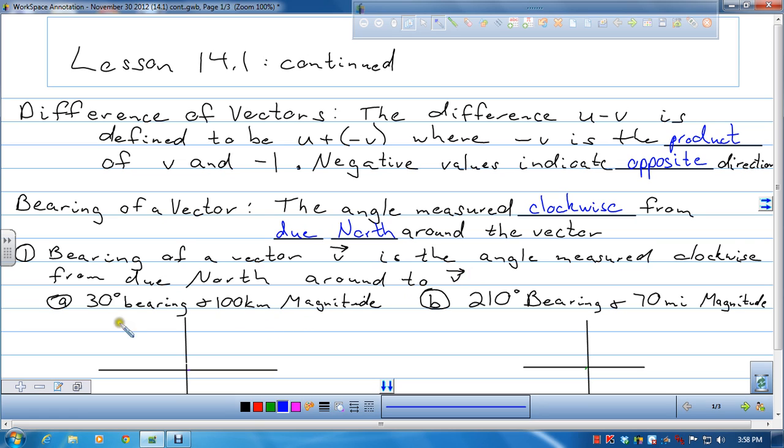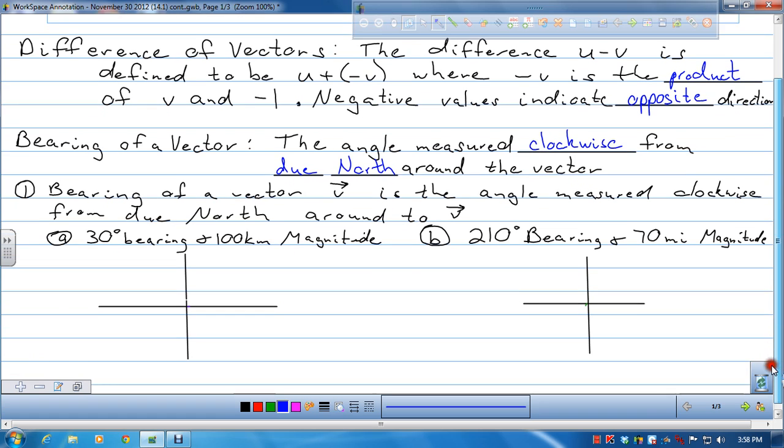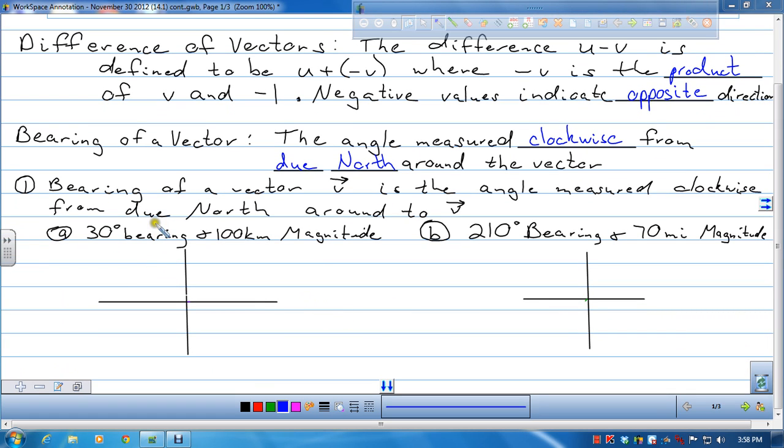So if we're talking about a 30-degree bearing and 100 kilometer magnitude, we're talking about this vector right here. This would be our coordinate plane. Due north is up, as you recall, on a piece of paper.